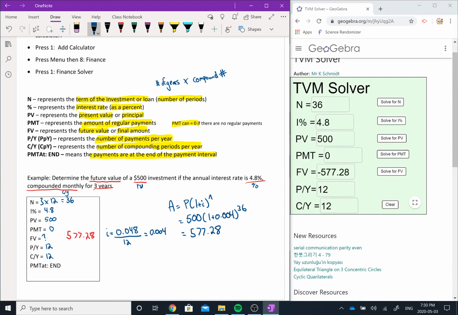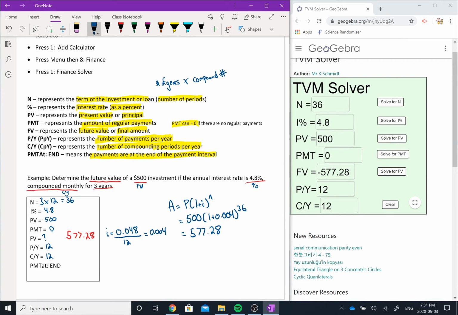While it may seem like a similar amount of work for compound interest, present value, or future value, it is going to be helpful to understand how to use the TVM solver for when we move into the next lesson, where we start looking at adding regular payments. So it is going to be easier to use the TVM solver.